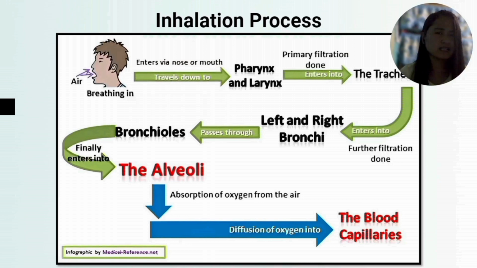So there is a lot of filtration happening when we inhale air. Then it goes to the left and right bronchi. After that, it proceeds through the bronchus and finally enters the alveoli, where absorption of oxygen from the air takes place. And then, next is the diffusion of oxygen into the capillaries. Did you get it, class?